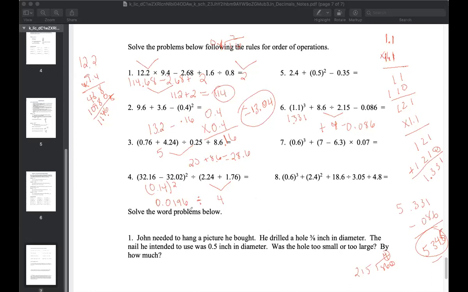If I divide 0.0196 by 4, I got 0.004... 0.0049. Yeah, but okay.